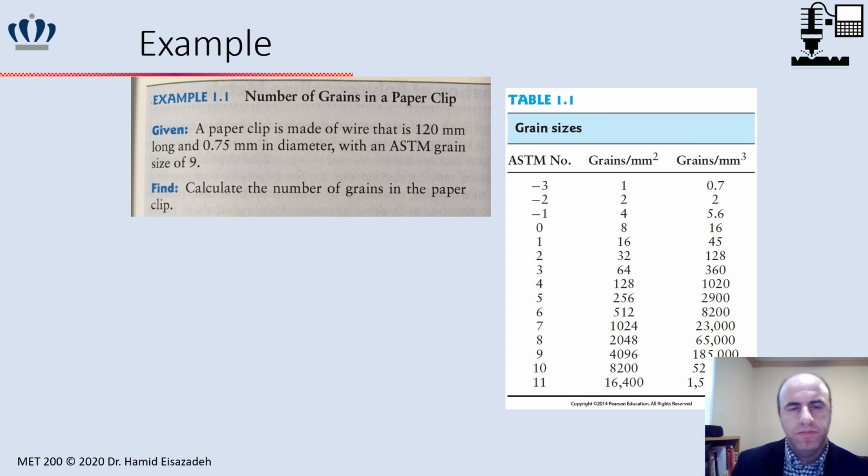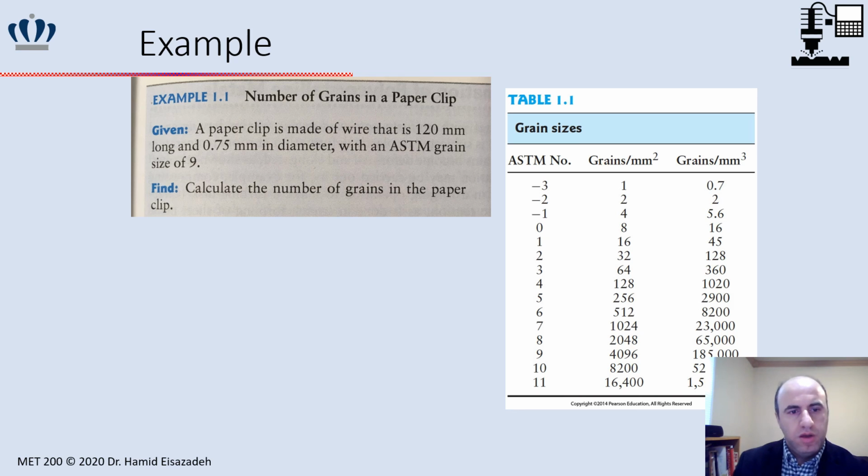Here is one example to find how many grains we have in a paper clip. The paper clip is made of wire that is 120 millimeter long and 0.75 millimeter in diameter, with an ASTM grain size of 9.